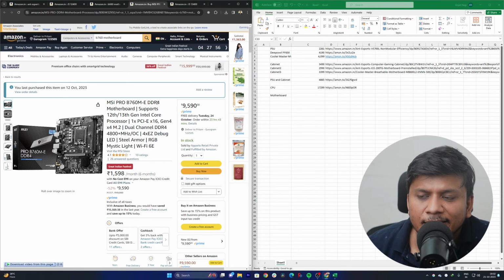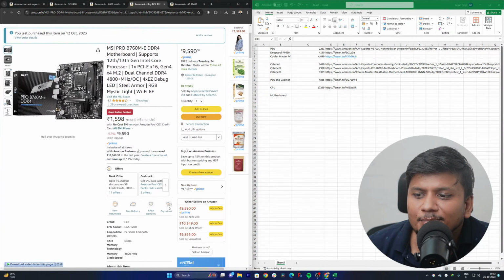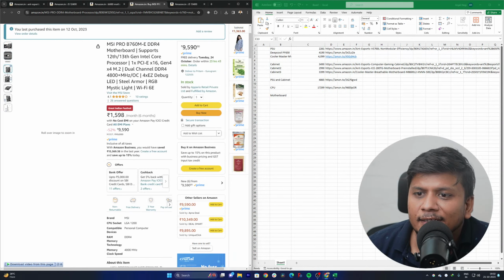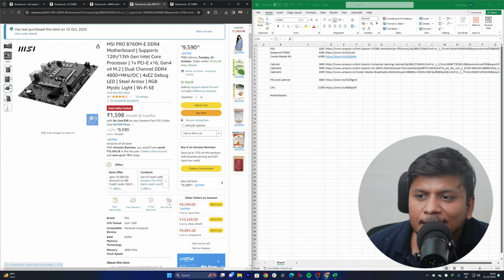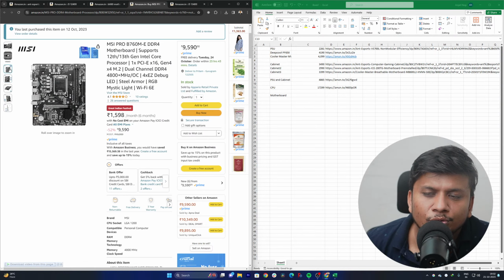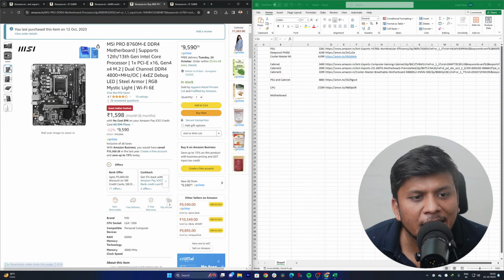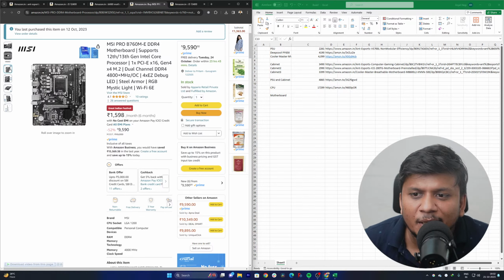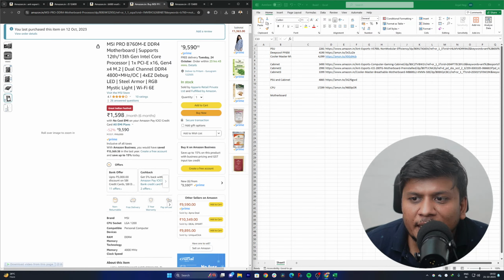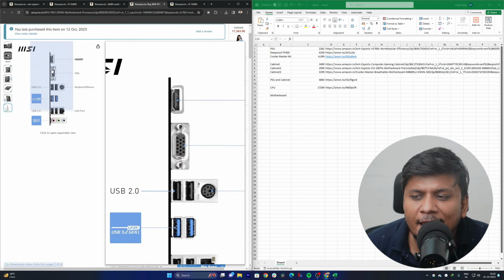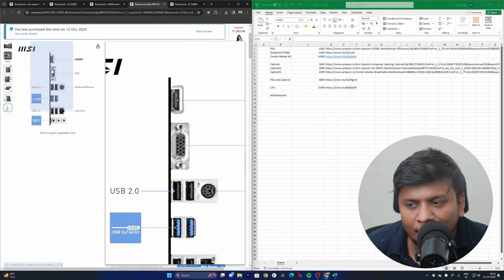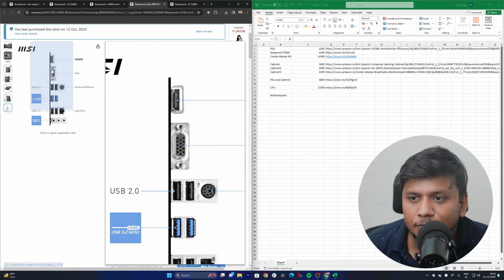There's E, considering budget in mind, and I believe it offers all the bells and whistles, unless you want to use, let's say, a high FPS monitor with this setup, because this motherboard comes with HDMI only. If you have a high FPS monitor, then your refresh rate will be locked to 120 hertz.